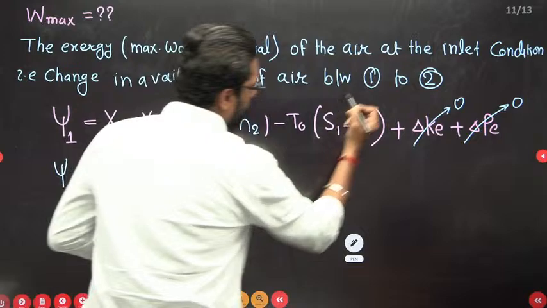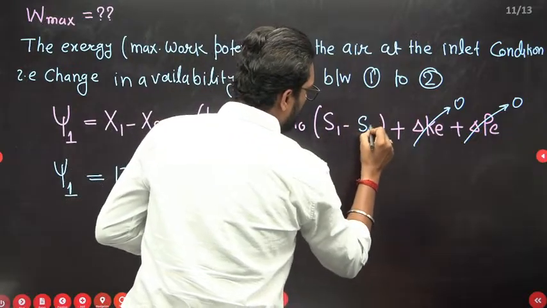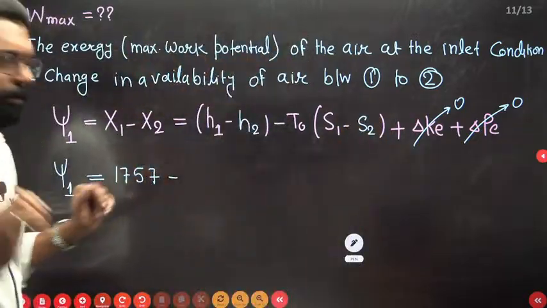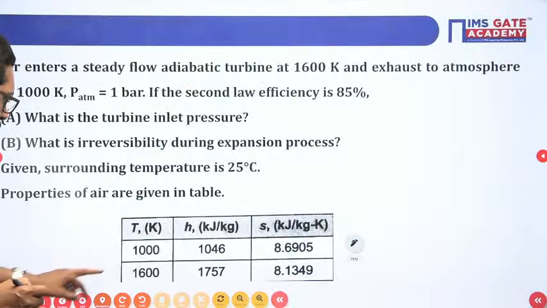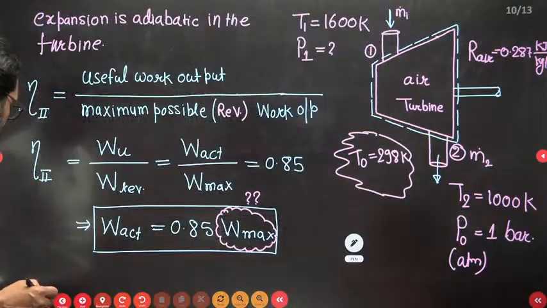Clear? So H2 is your exit, at 1000. So at 1000, how much is it? 1046.